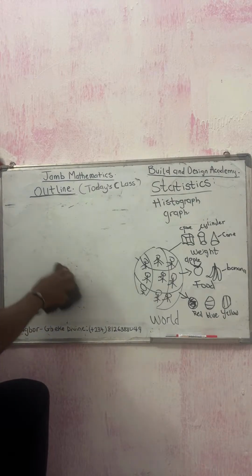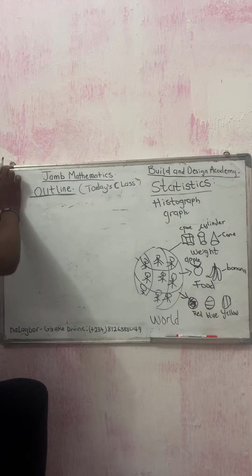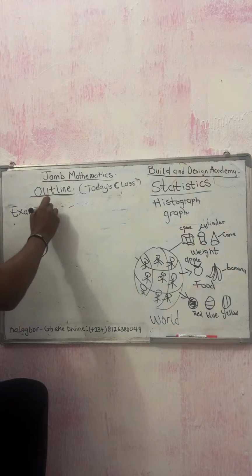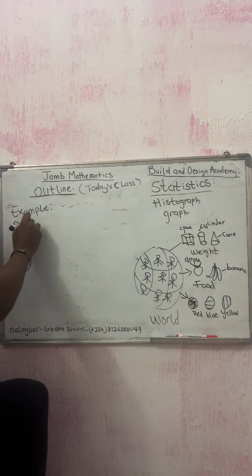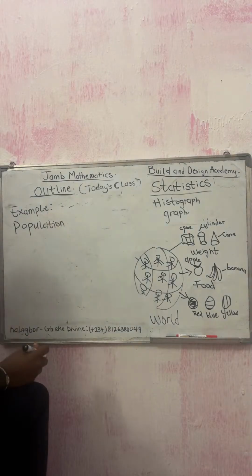Now, in order to understand statistics, you need to understand one or two terminologies. Let's say population. Now, what do you understand by the word population?